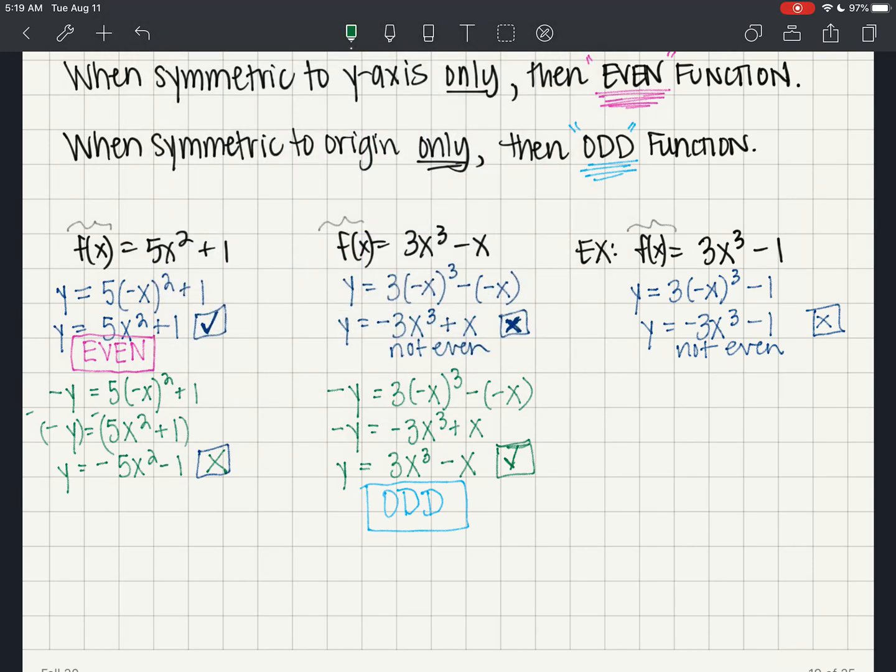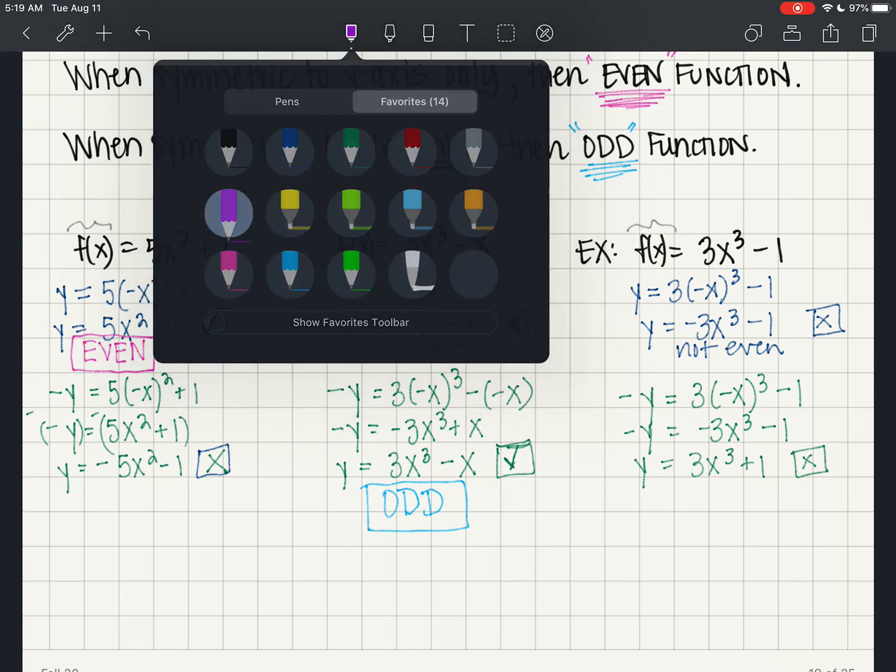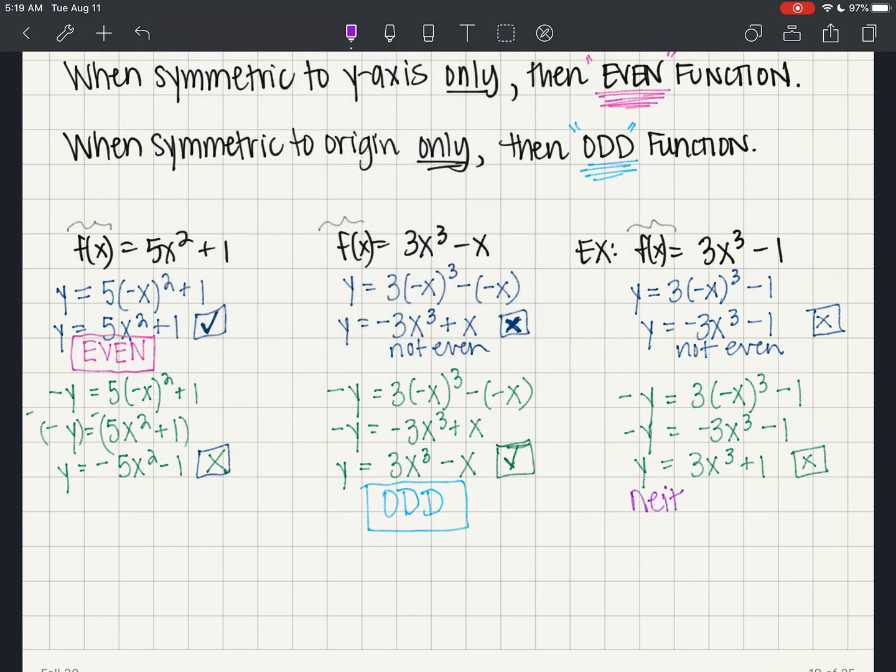Then we're going to try odd: negative in for y, negative in for x, negative y equals negative 3x cubed minus 1. Change every sign or multiply both sides by a negative, and this is not the exact same, so this is neither even nor odd. So you'll see me write neither.